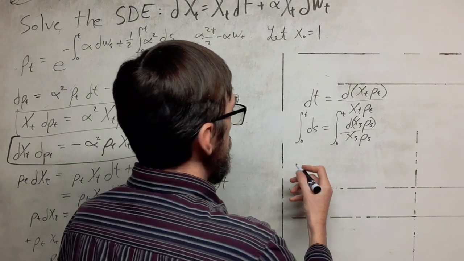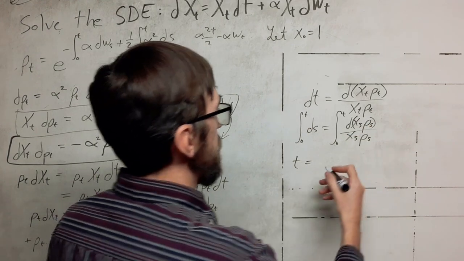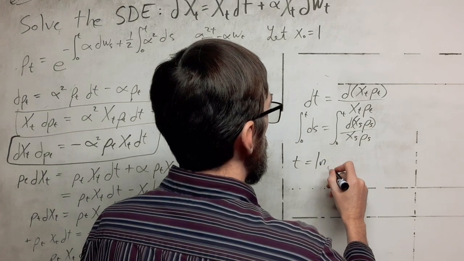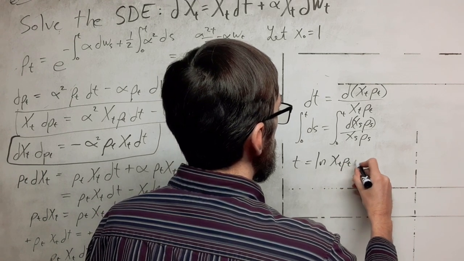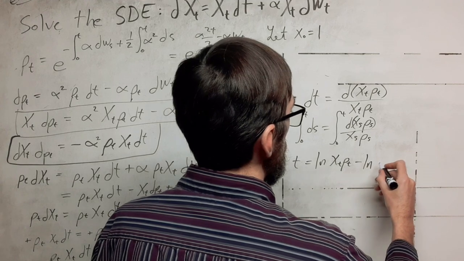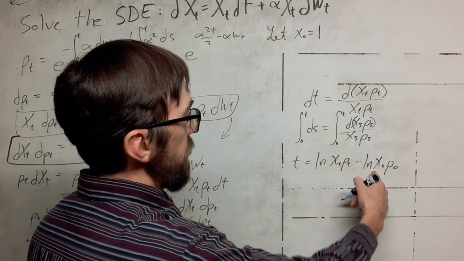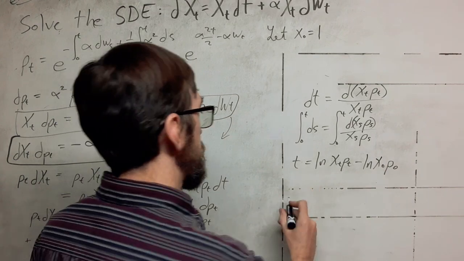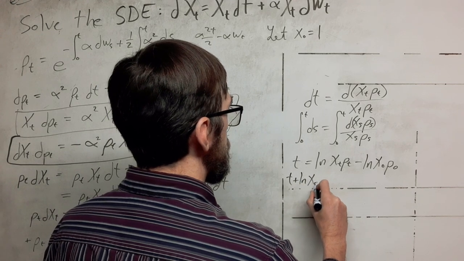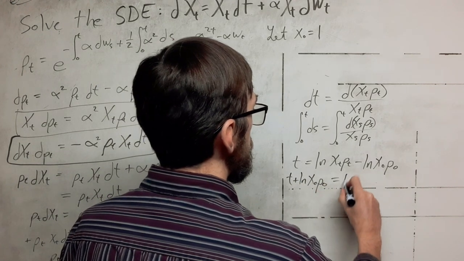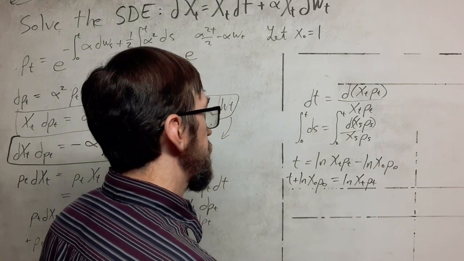So this side evaluates out to t, and the right hand side evaluates out to the log of x sub t rho sub t minus the log of x sub 0 rho sub 0. And then we're going to add this onto the other side so that we have t plus the log of x sub 0 rho sub 0 is equal to the log of x sub t rho sub t.